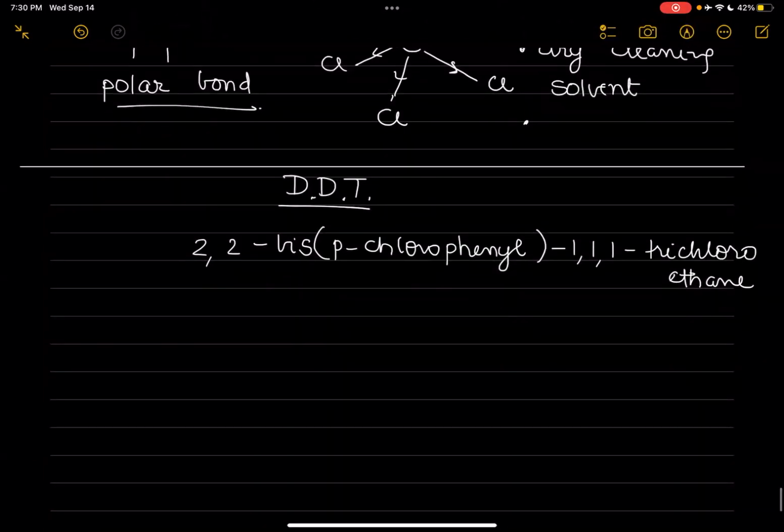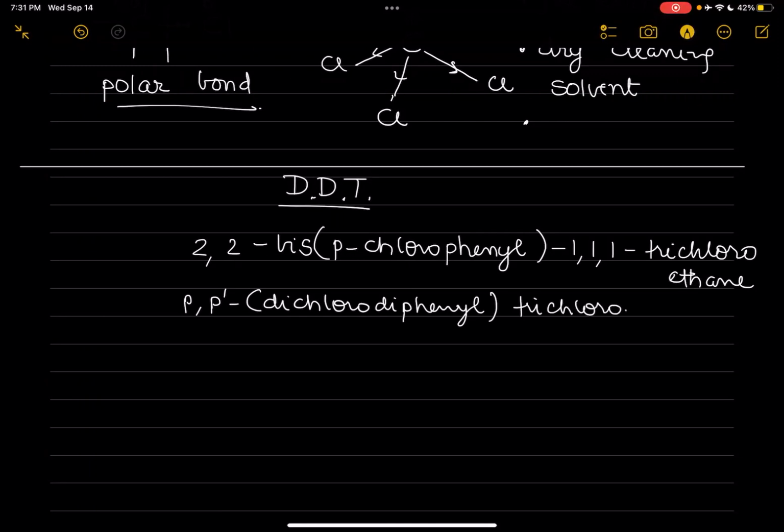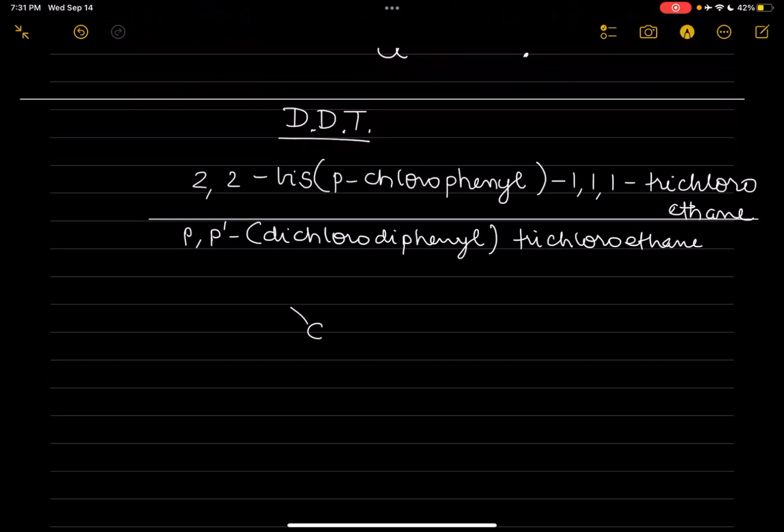This is one name, or another name is... So this is actually 1,1,1-trichloroethane. Is it clear?